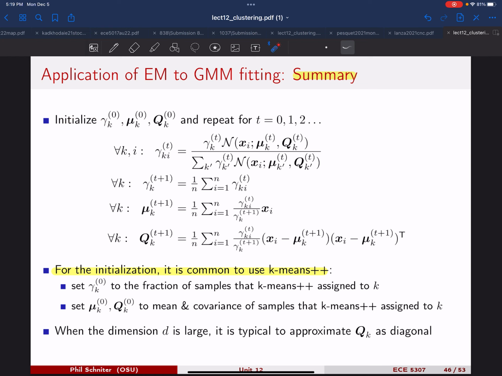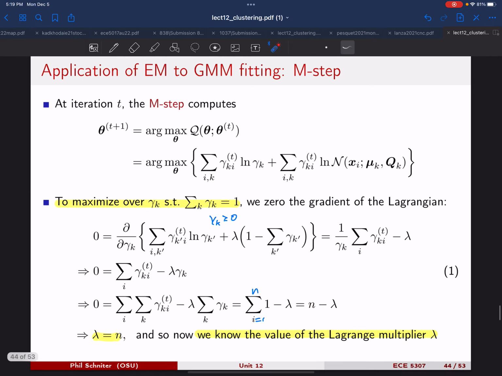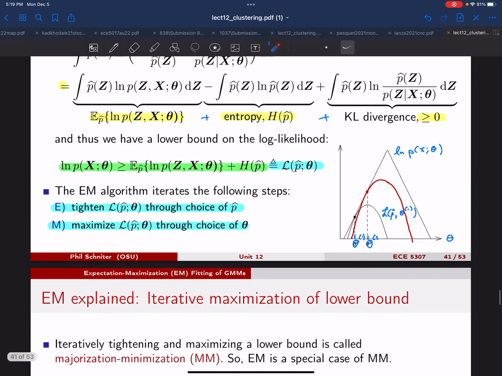Now, just one other note is that in high dimensions, if the dimension is d, this covariance matrix has d squared parameters. So that can be expensive to compute, and you in fact might not even have enough samples to make this Q full rank. So what people often do is they approximate Q as diagonal, which is like in these pictures here.